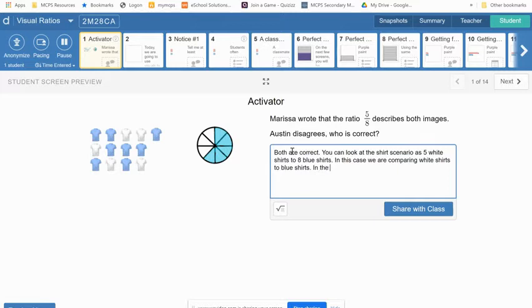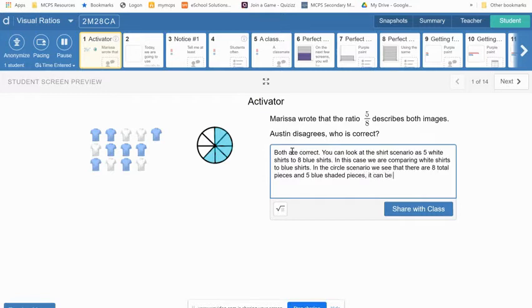In the circle scenario, we see that there are 8 total pieces and 5 blue shaded pieces.